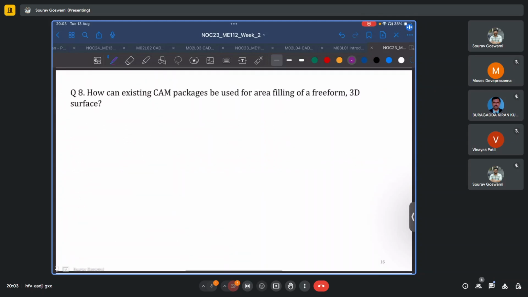The eighth question is asking us, how can existing CAM packages be used for area filling of a 3D surface? And this was mentioned by Professor Kapil in class.